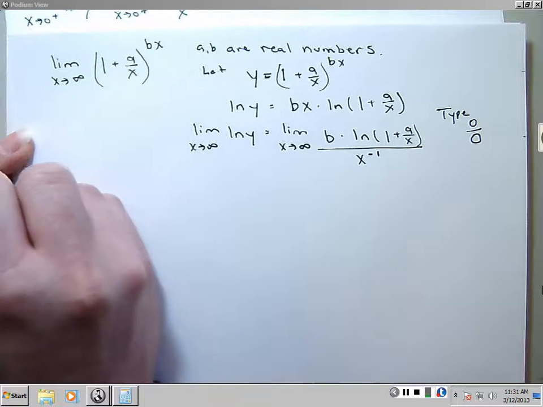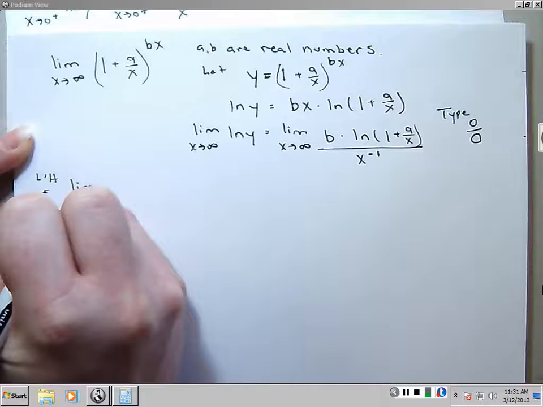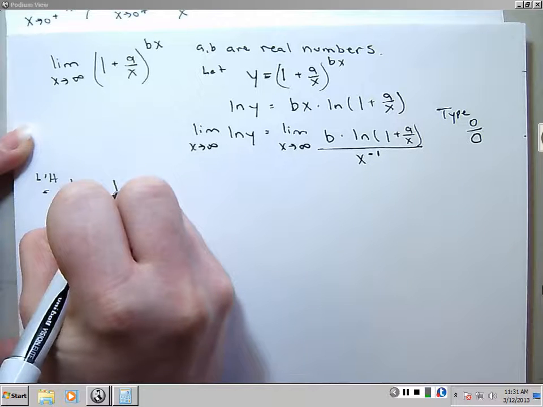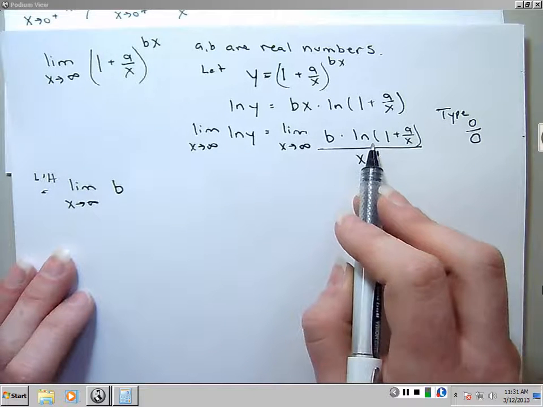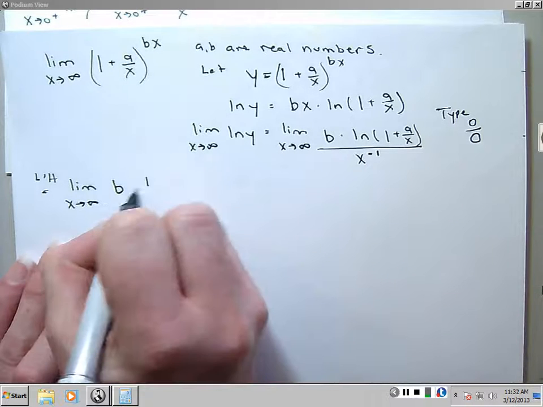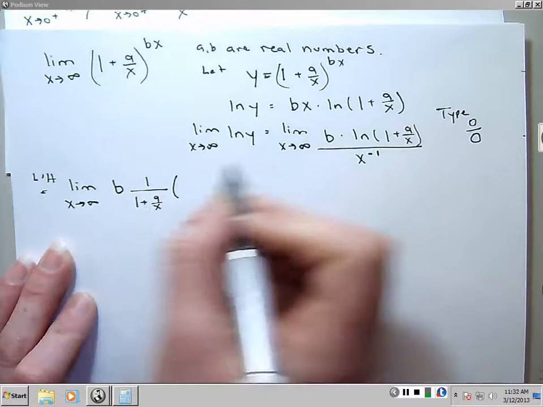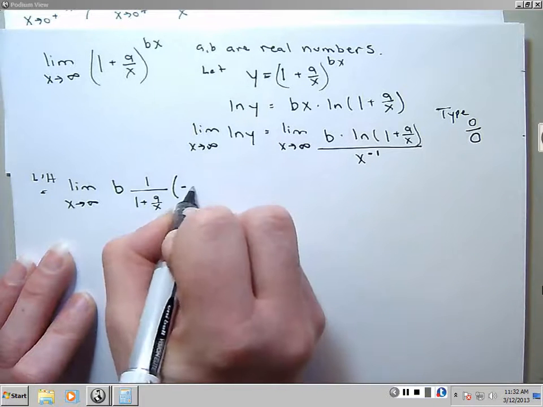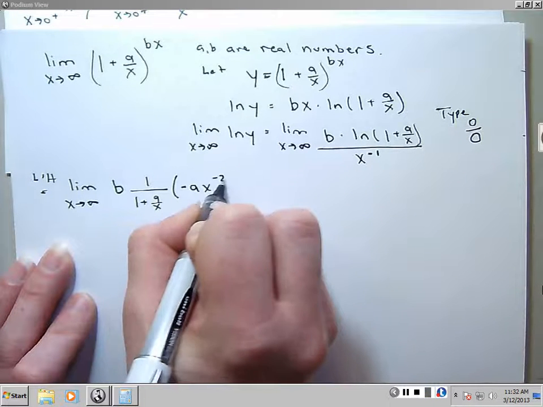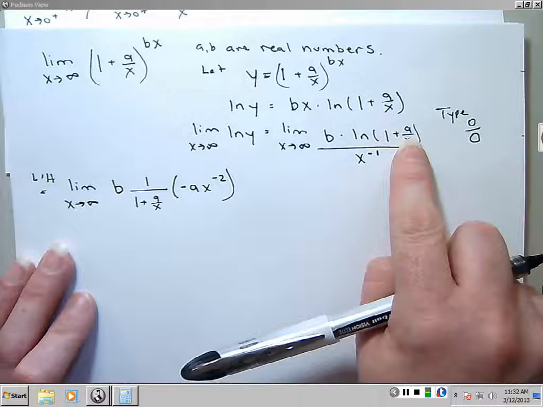So I'm going to apply L'Hopital's rule, and I'll have the limit as x goes to infinity. I have the b, because it's just a constant. What's the derivative of ln of 1 plus a over x? 1 over that, times the derivative of the inside. What's the derivative of a over x? Minus ax to the minus 2, because this is really ax to the minus 1.